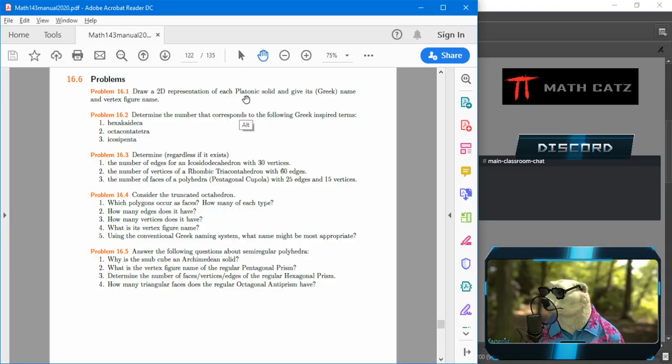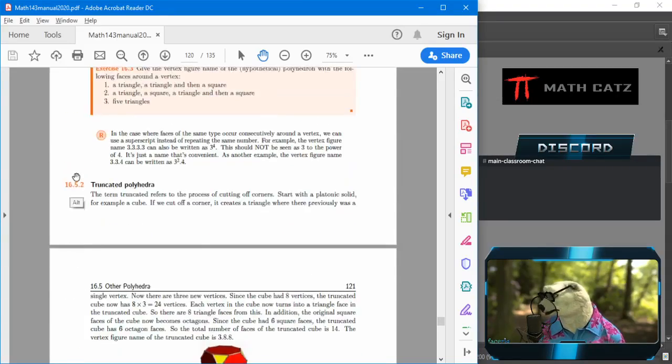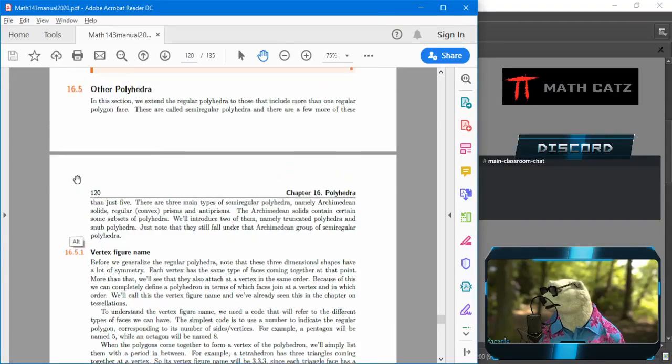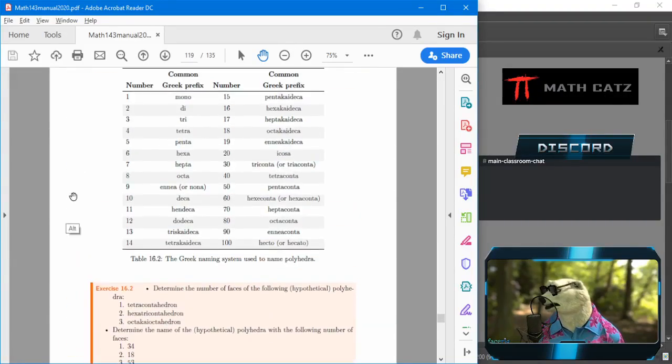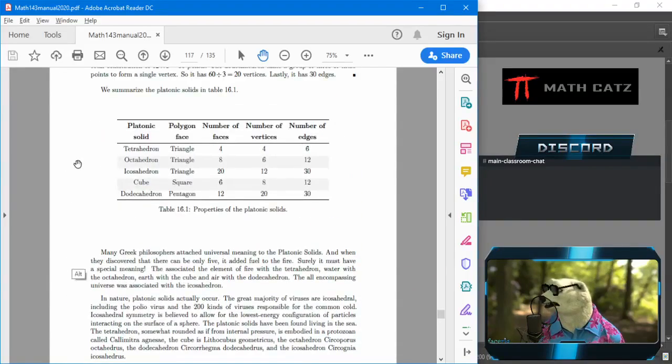2D representation of each platonic solid and its name. Sure, that's something you have to do, but you also have to know the faces, vertices, edges, and vertex figure name. And I don't see those questions here because they are coming from the book. So I would rather, for the platonic solids, say, let's just go up to the page here where they are all listed.